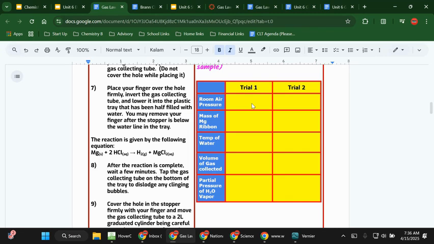Sorry, ladies and gentlemen, my gas collecting tube is a little bigger than the one you'll be using, so I needed a different stopper.